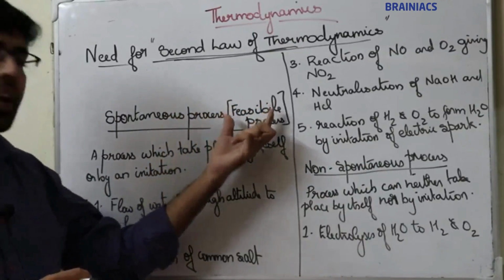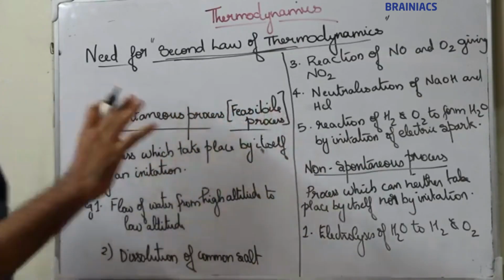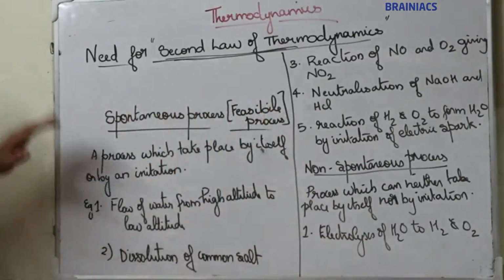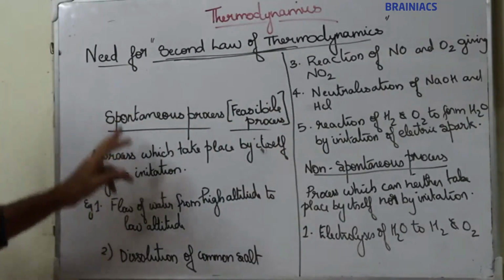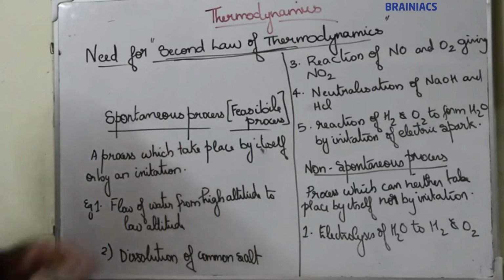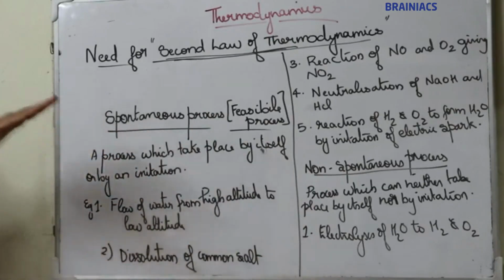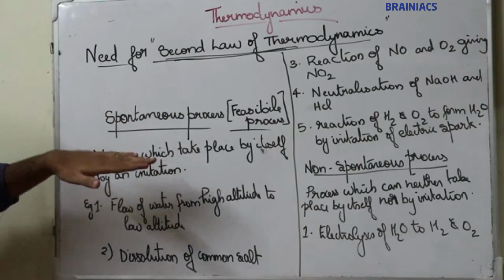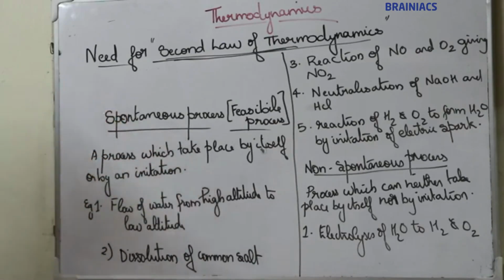Spontaneous process is also known as feasible process. Now what is a spontaneous process? A process which takes place by itself or by an initiation is known as a spontaneous process.